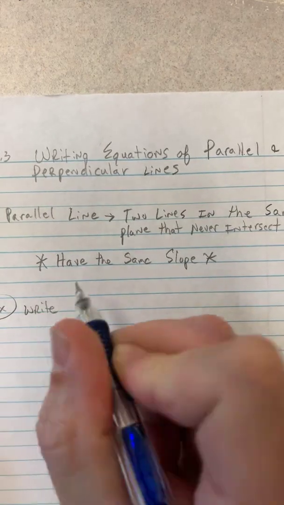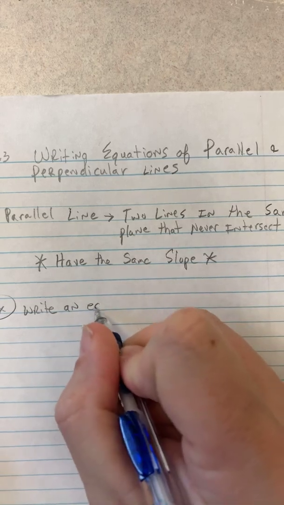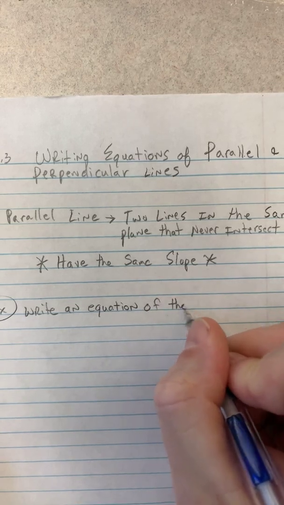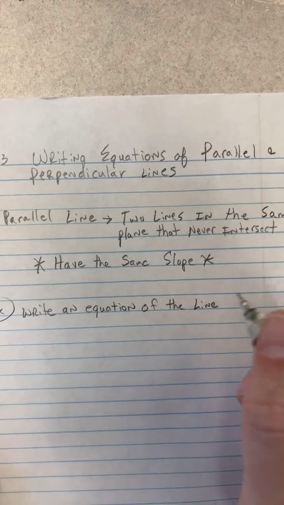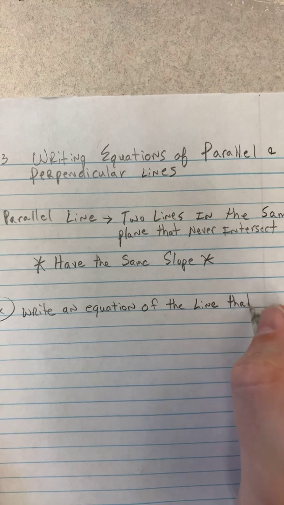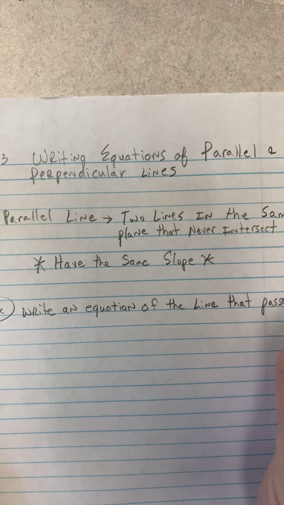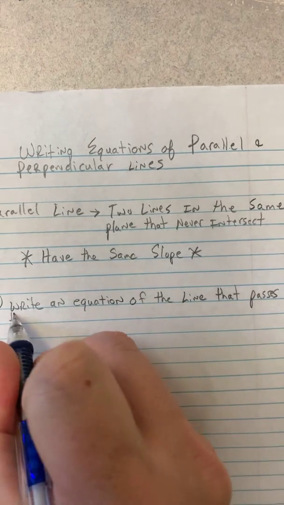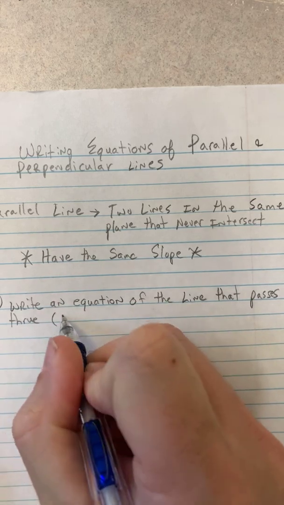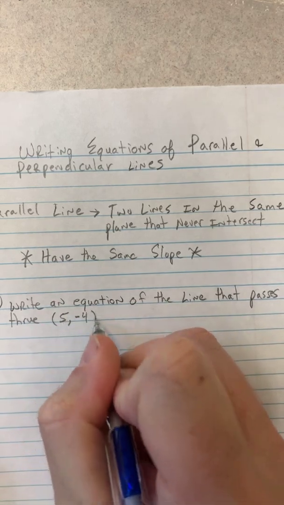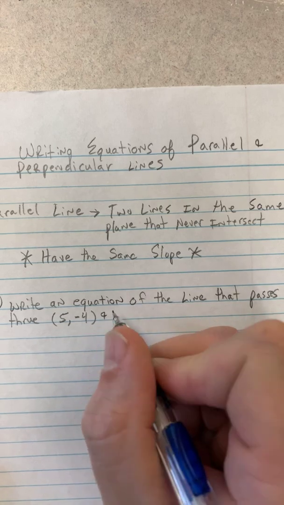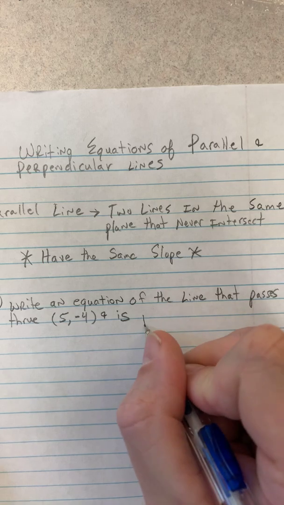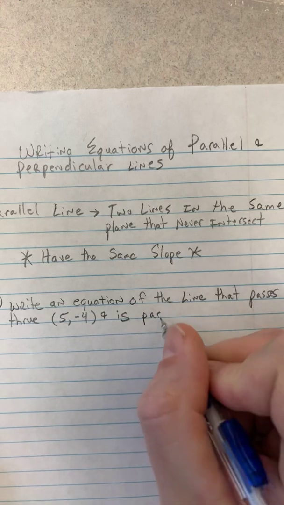You are going to write an equation of the line that passes through (5, -4) and is parallel.